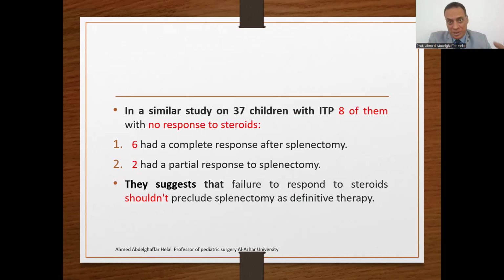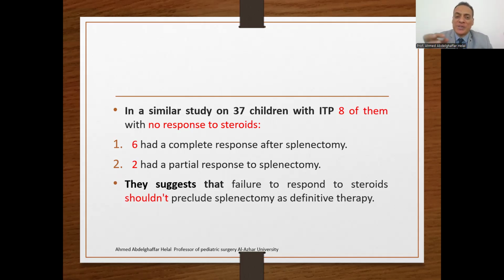In a similar study of about 37 children with ITP, 8 of them showed no response to the steroids. From these 8, 6 had a complete response to splenectomy, and the child improved, and 2 had a partial response to splenectomy.